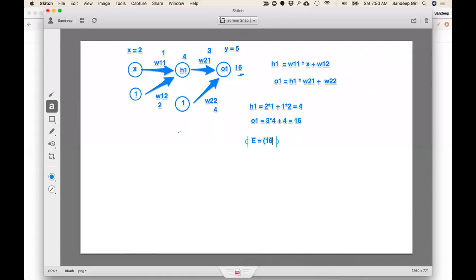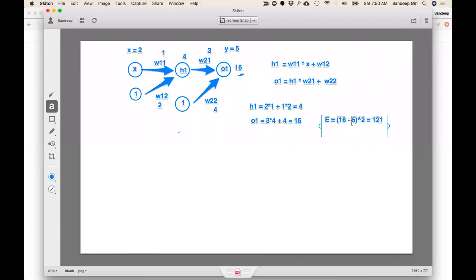How much is the error? 16 minus 5, and the square of it. So this is 11 squared. Although this value doesn't matter right now, this is the error that we have.